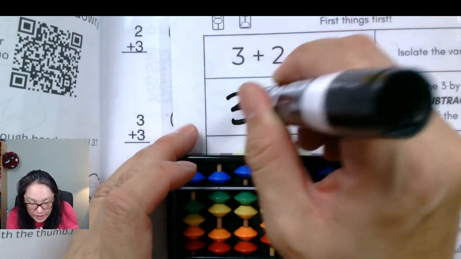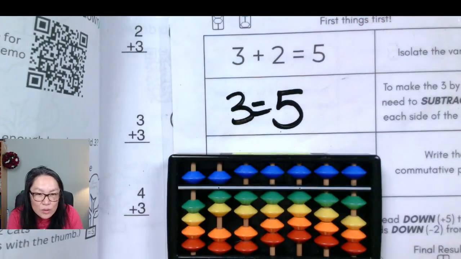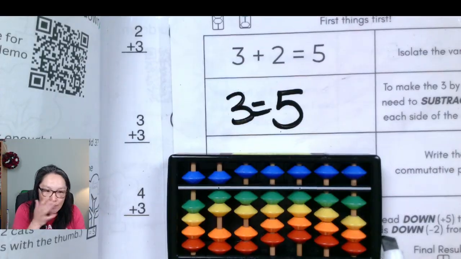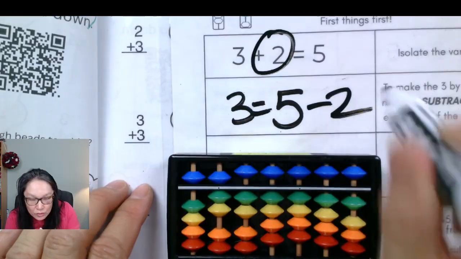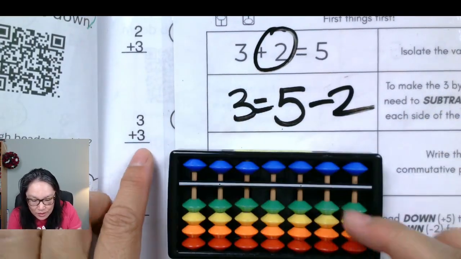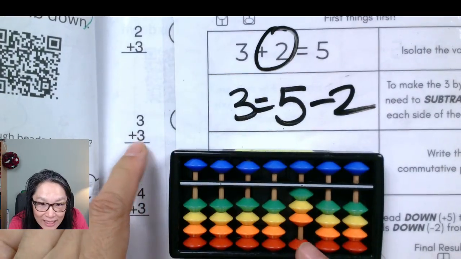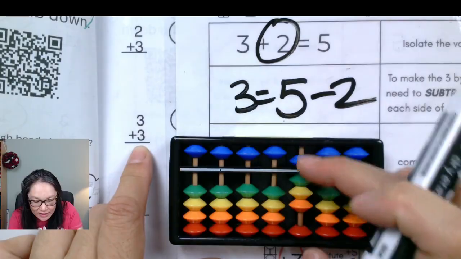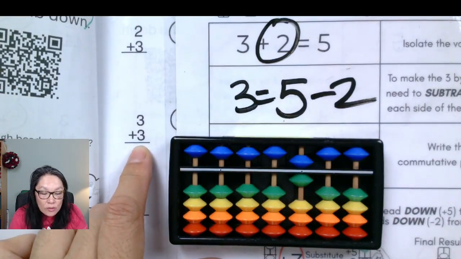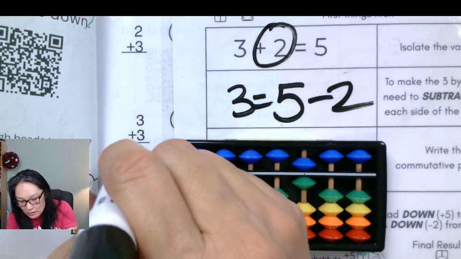When we do 3 and we add 3 and it equals 5, it doesn't make sense. It's not balanced. Because it's not balanced, I need to take away the 2. Now it's balanced. What does that mean? When I have 3, I don't have enough to add another 3, right? I only have 1 here. So to add another 3, I plus the 5 and I take away the 2. So my final answer is 6.